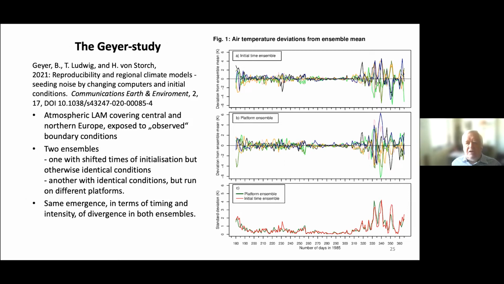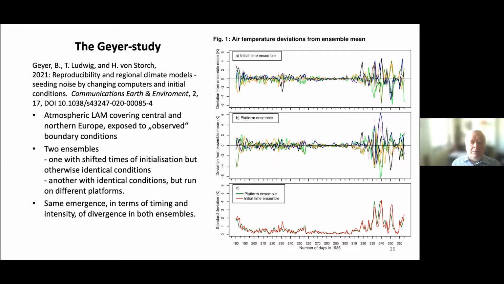We reproduced a similar behavior, and I showed that before, in the last few years, when Beate Geyer considered an ensemble of limited area models covering Central and Northern Europe, running with observed boundary conditions for several years. The diagrams here show only what happens within one year or one winter.